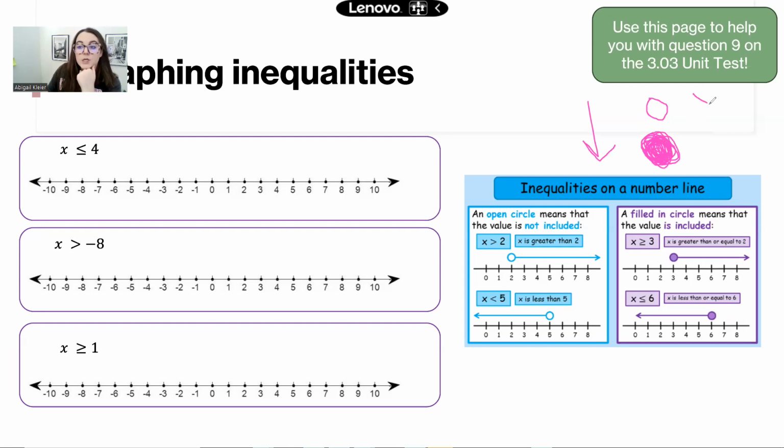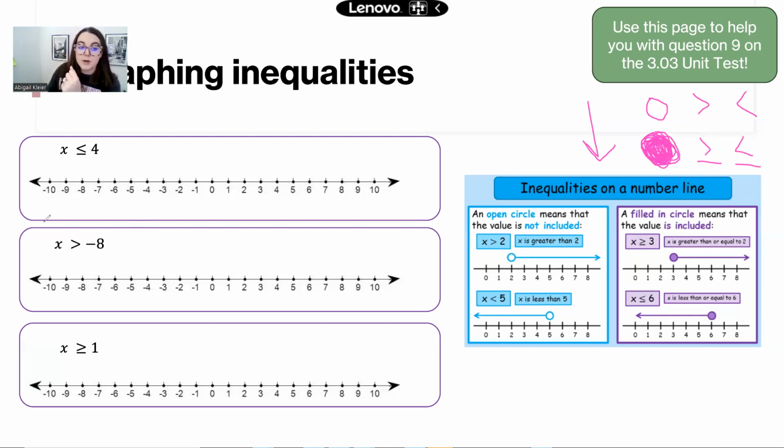Well, we're going to use the open dot if we use the inequality symbols that are less than or greater than. Comparatively, we're going to use the closed circle or closed dot when we use the symbols less than or equal to or greater than or equal to.